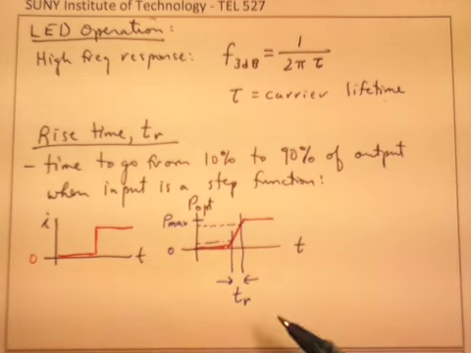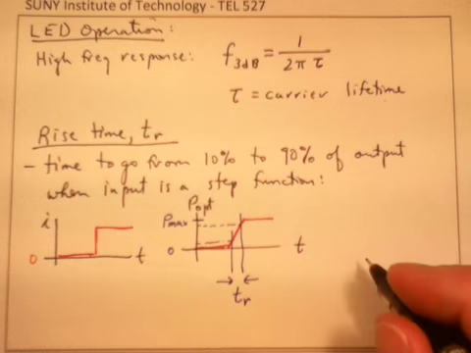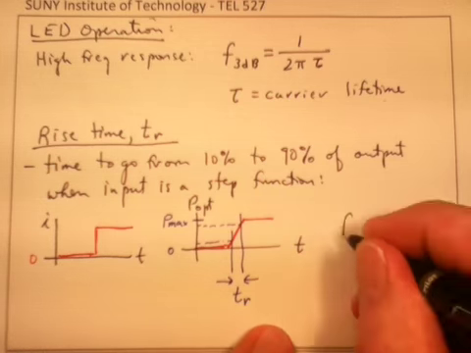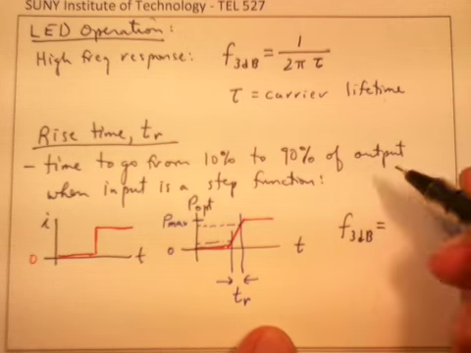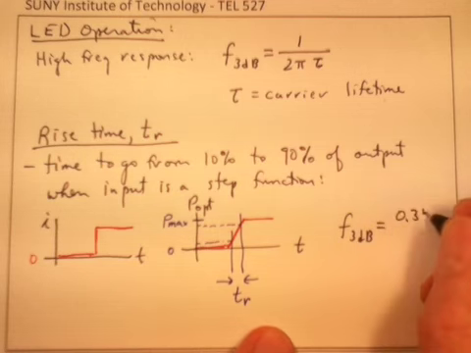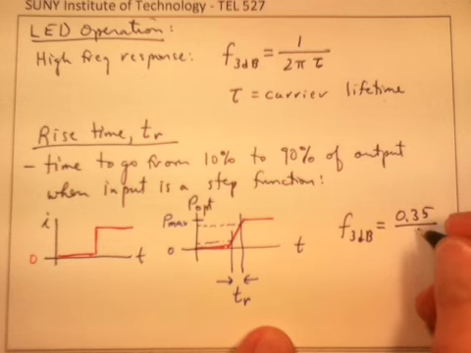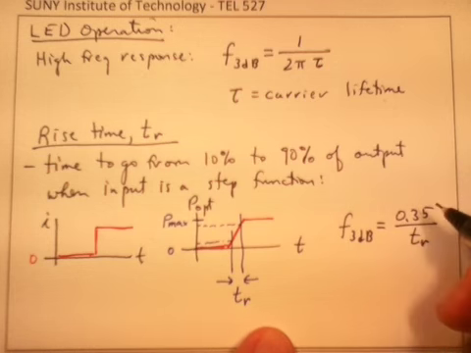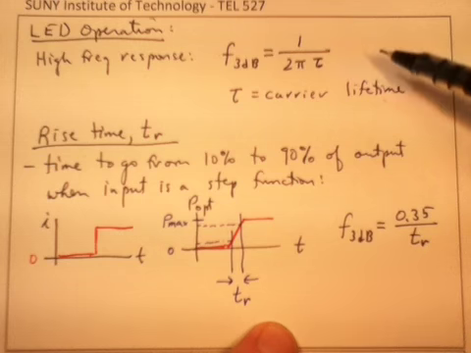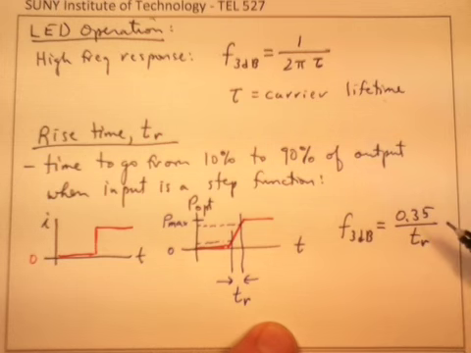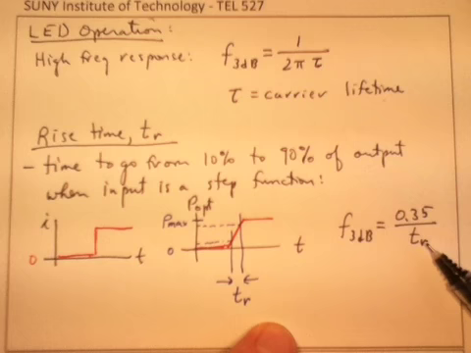And it turns out, we're not too worried about all of the detailed analysis, that the 3 dB bandwidth for the LED is something like 0.35 over TR. So it's very closely related to the carrier lifetime. You can combine these two equations and figure out the response time in terms of the carrier lifetime. The carrier lifetime comes from the physics.